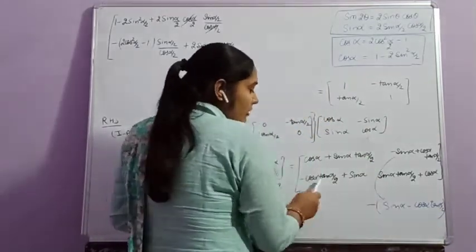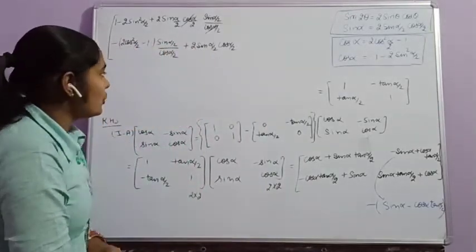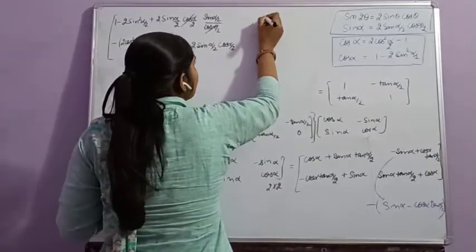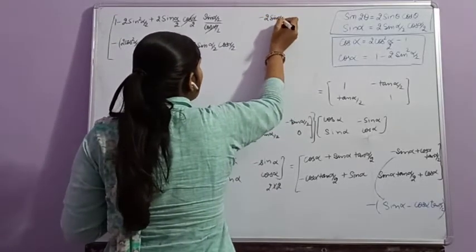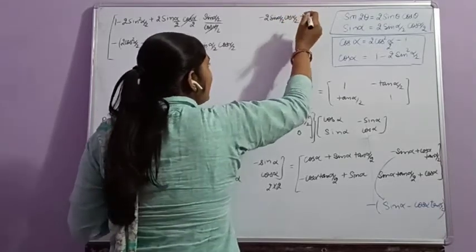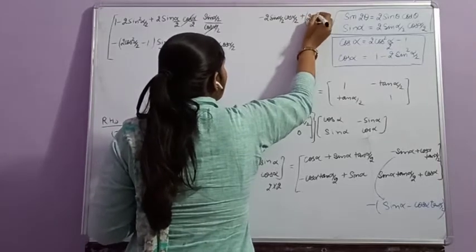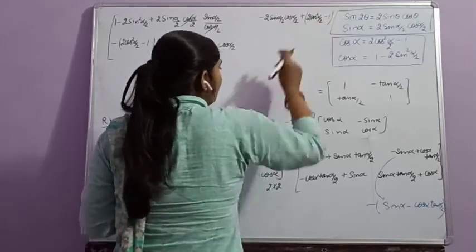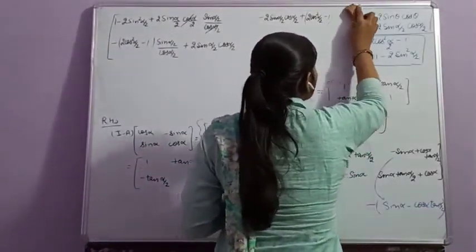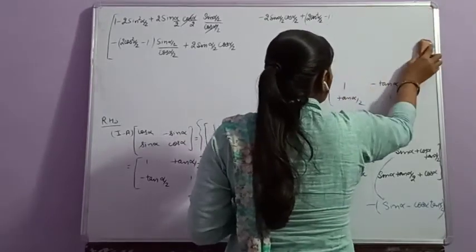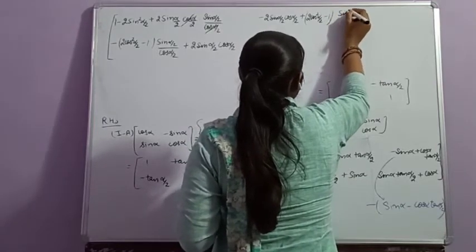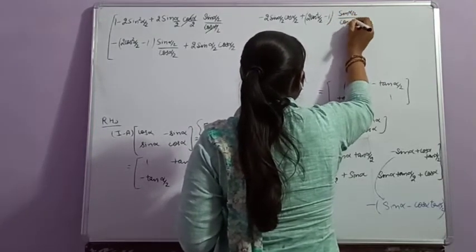So we replace with the same formula, that is sin alpha can be written as 2 sin alpha by 2 cos alpha by 2, plus cos alpha, 2 cos square alpha by 2 minus 1, multiplied with tangent alpha by 2, and tangent alpha by 2 can be written as sin alpha by 2 divided by cos alpha by 2.